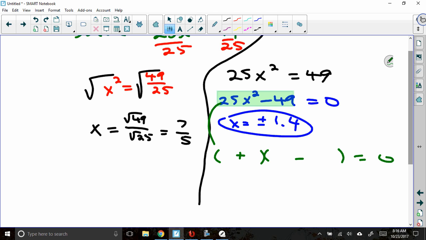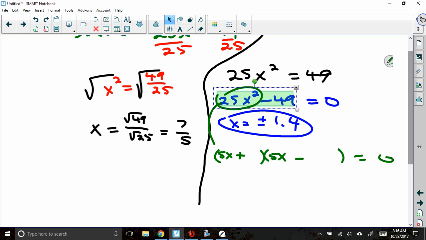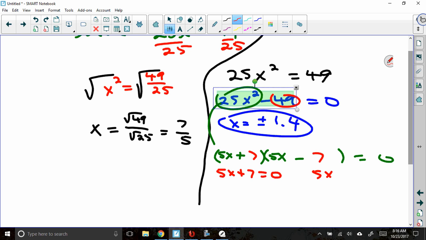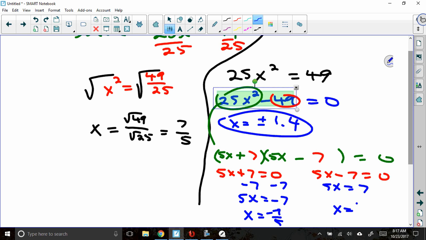To get the first term, we take the square root of 25x squared, which is 5x, and the square root of 49, which is 7. So we get 5x plus 7 equals 0 and 5x minus 7 equals 0. So 5x is negative 7, and x is negative 7/5. And 5x is 7, so x is 7/5.